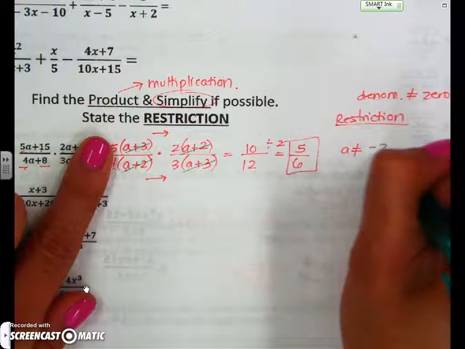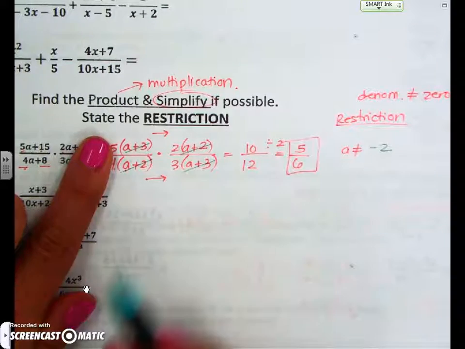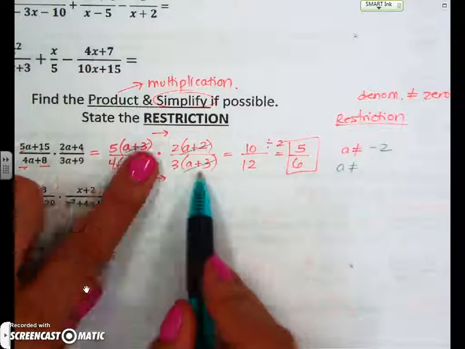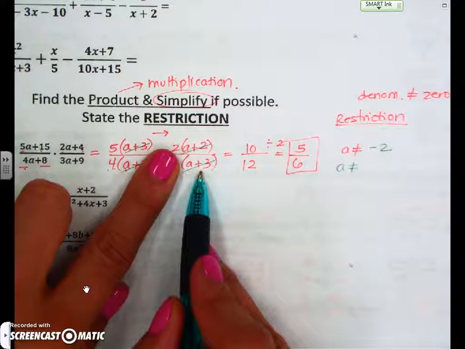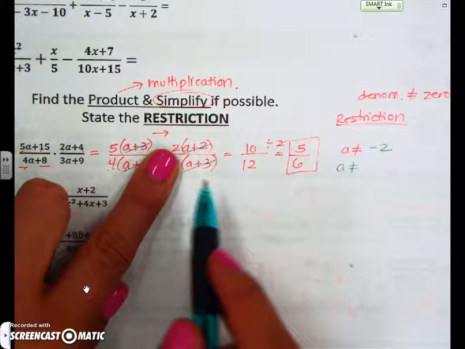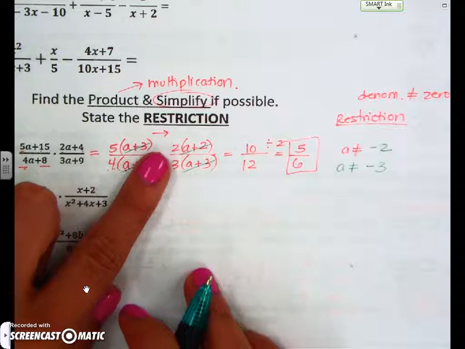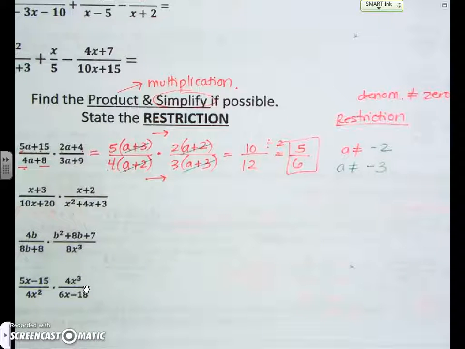A negative 2. Okay. If I look at the next fraction, a cannot be equal to, what would make this equal to 0? If I add 3 to what number? Yes, exactly. Very good. Okay. So the restriction is that a cannot be equal to negative 2 and a cannot be equal to negative 3.